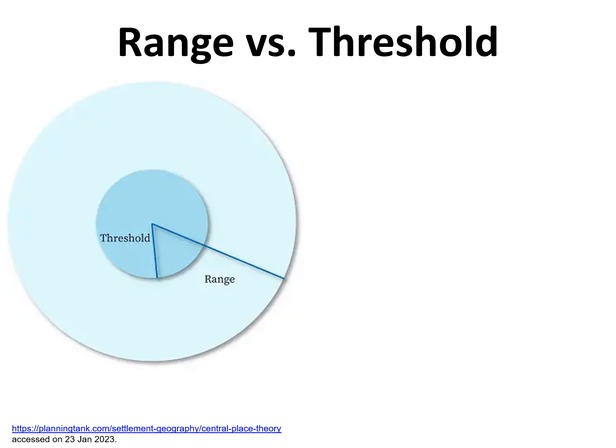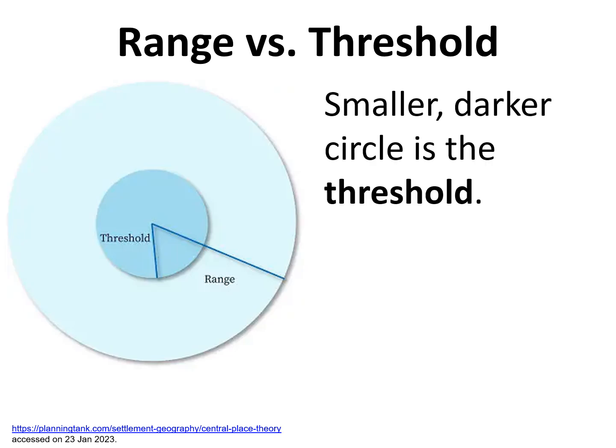And thresholds, you can think about this as capturing the supply of a particular good or service. It's really the minimum area that's needed to support whoever is supplying this good or service.